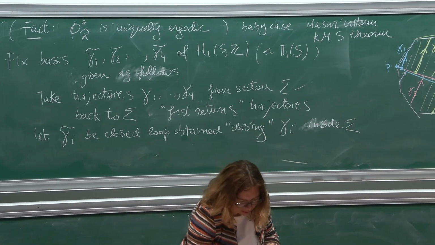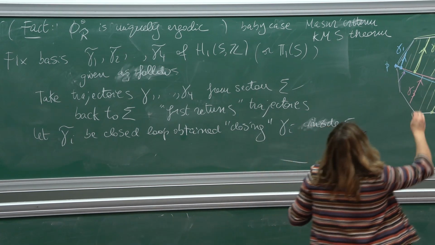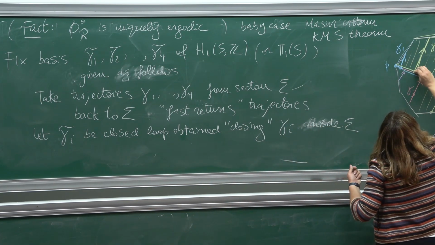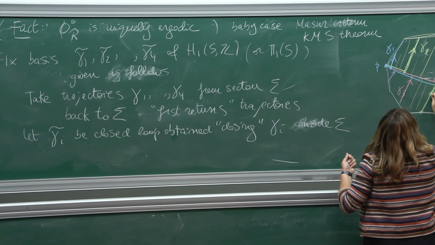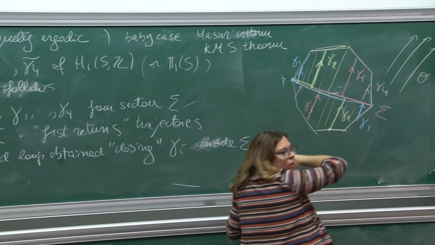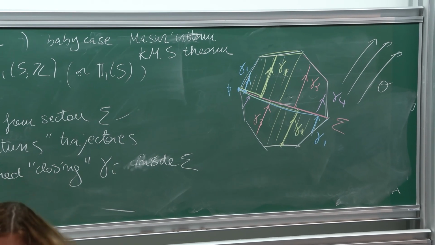So again, you can imagine what gamma 2 is. Again, I start from p, I go along the trajectory, come back according to gamma 2, and then close up, and so on for the others.